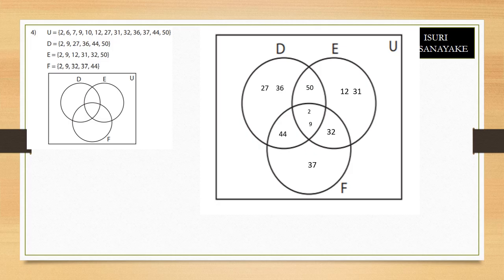Then you are going to check whether there are any elements which are not there in D, E and F, but it is there in the universal set. So if you could check it clearly, 2 and 6, it's not there in any of these three sets, as well as 7 and 10 is also not there in these three sets. So this is how you input information into a Venn diagram.